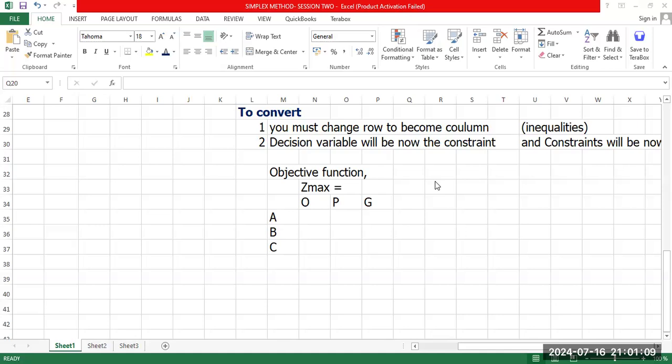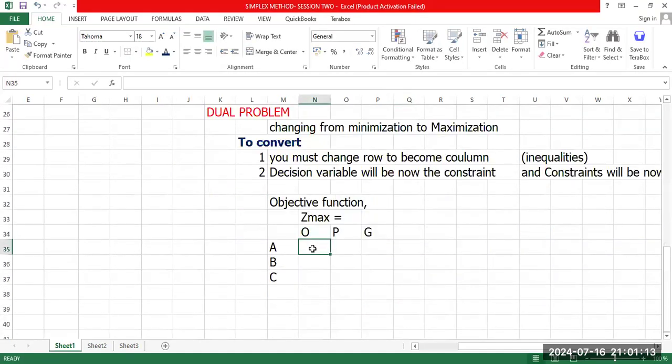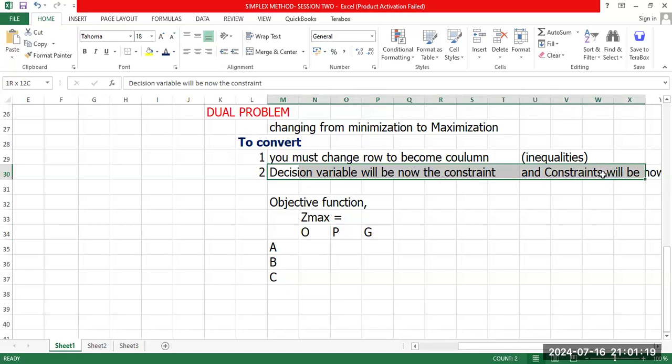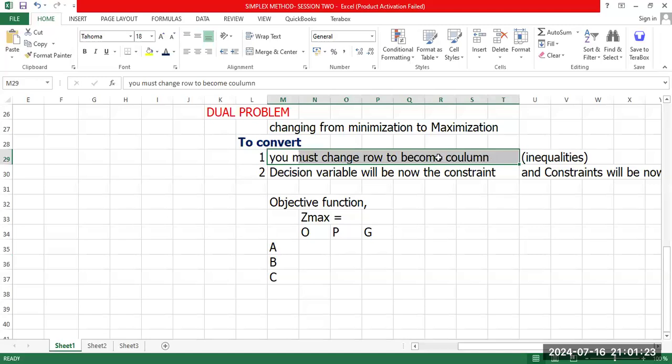Okay, so we can continue. We are done with this one. Now we need to focus on this. What was our row is going to become the column.